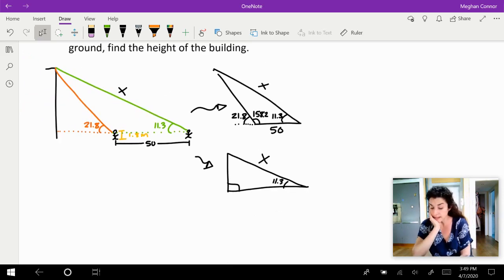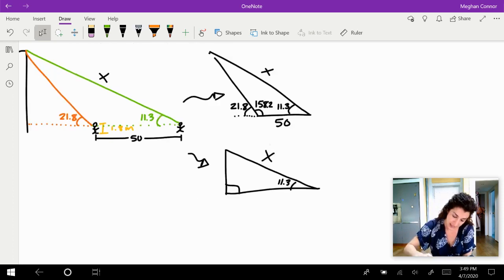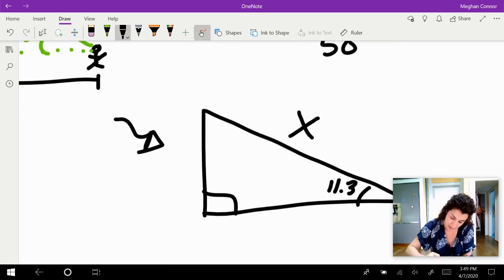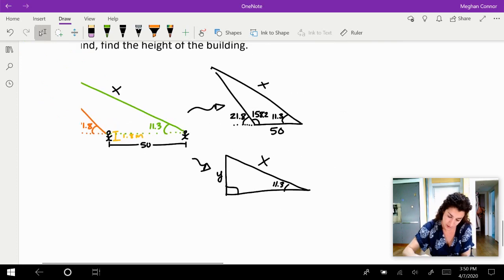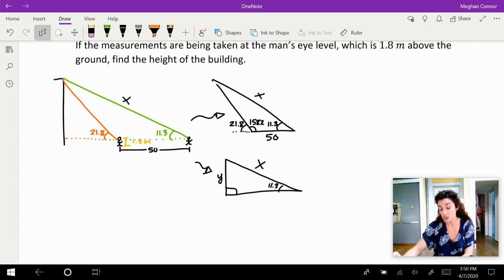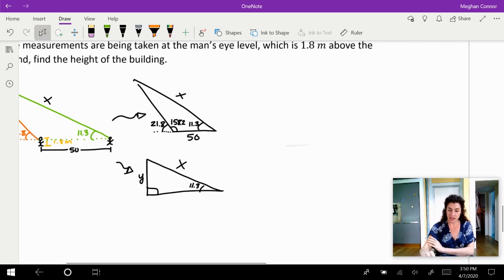So I'm going to solve for x here, and then once I have x, I can solve for the height of the building, which is y over here, which is not the full height of the building. Keep in mind that we still have that 1.8 to add on at the end. But I've got a plan. I'm going to first solve for x, and then I'm going to solve for y.